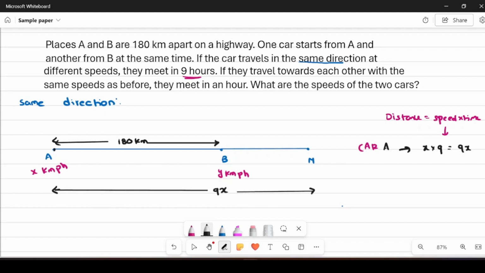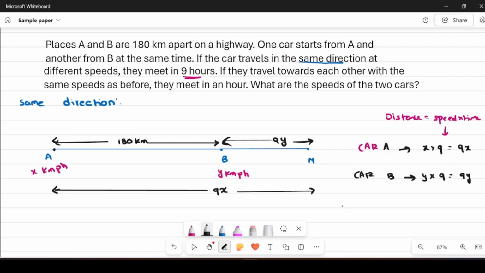Similarly, B is traveling with a speed of y kilometers per hour. So for car B, how much distance does it have to cover? It is going at y kilometers per hour, and this also takes 9 hours to reach point M. So the distance it has to cover will be 9y kilometers, right?